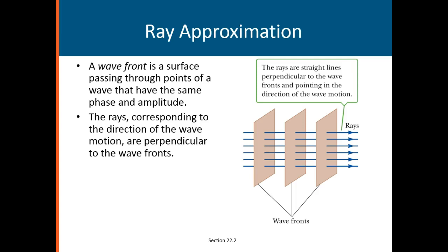So the rays are perpendicular to those wavefronts, and the rays are the straight lines pointing in the direction of the wave motion. Now they're straight lines as long as you're in a uniform medium and not encountering a boundary.